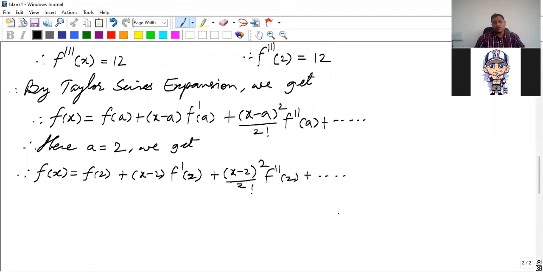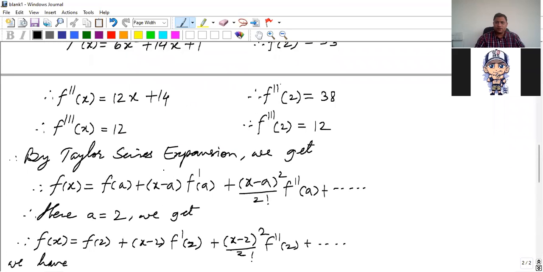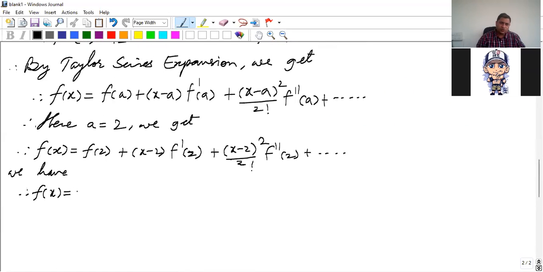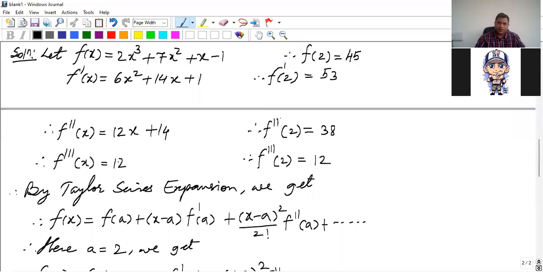Now write down the terms. We'll be having f of x is equal to, what is the value of f of 2 we have calculated? It is going to be 45. Plus, what is the value of f dash we have calculated? It is 53.